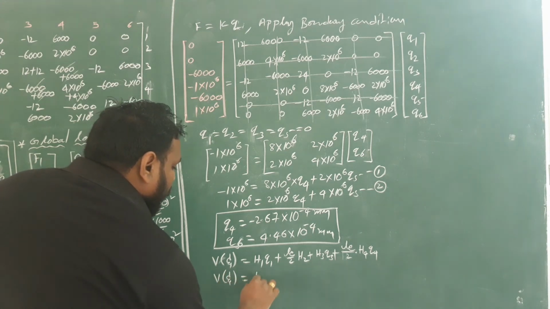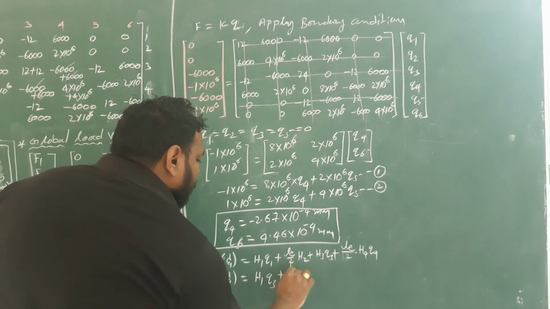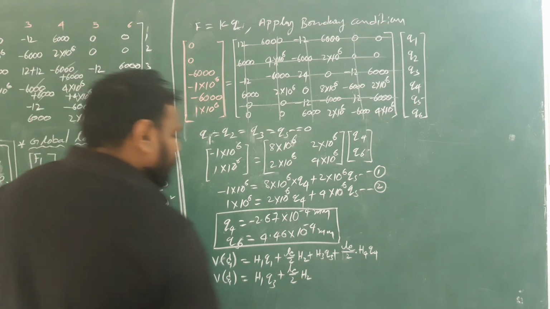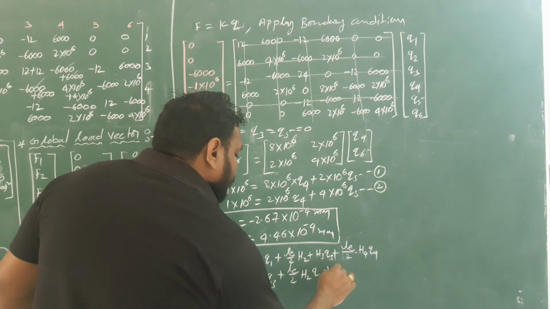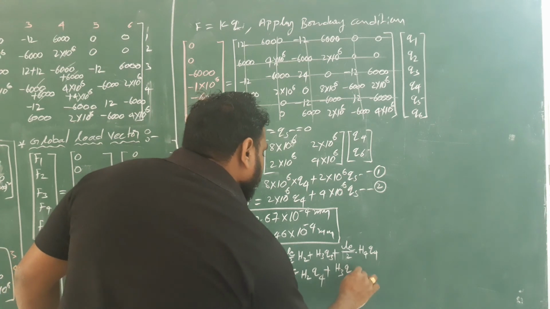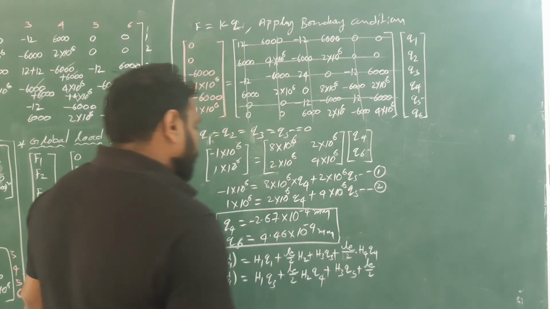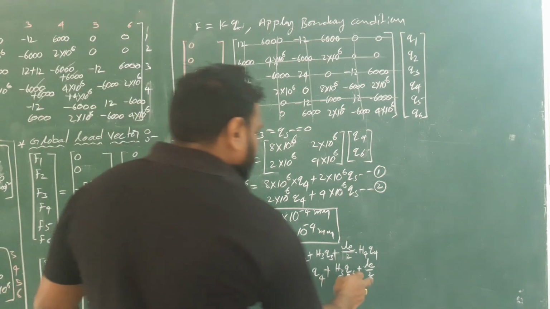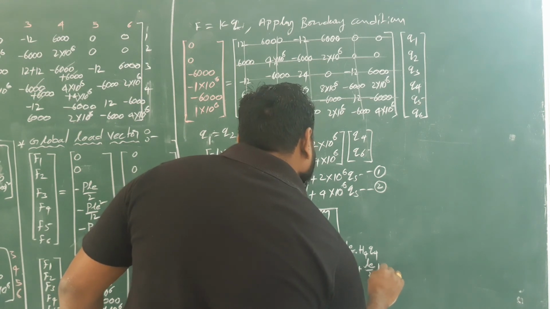It is equal to H1 Q3 plus LE by 2 into H2 Q4 plus H3 Q5 plus LE by 2 into H4 Q6.